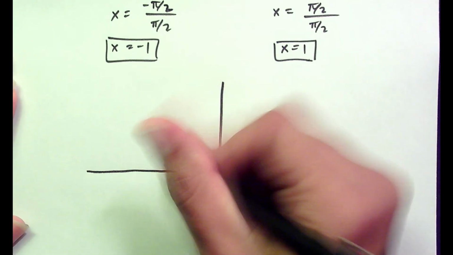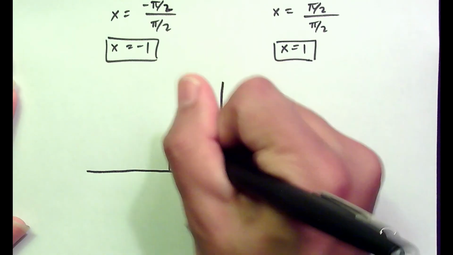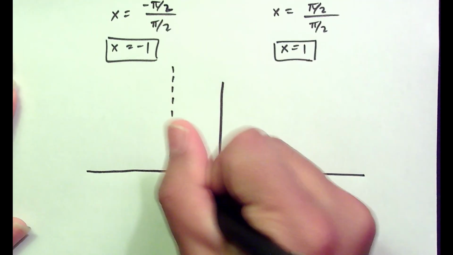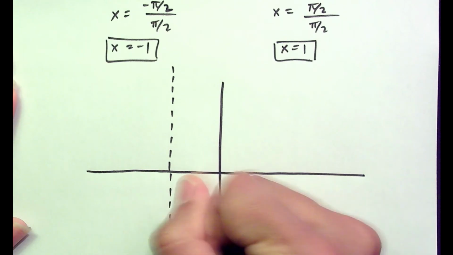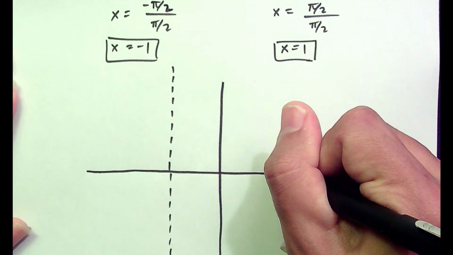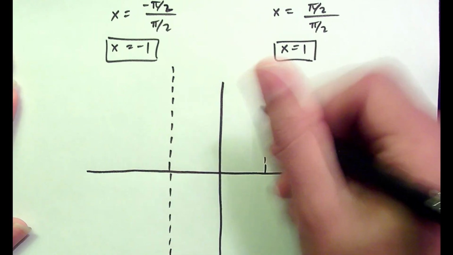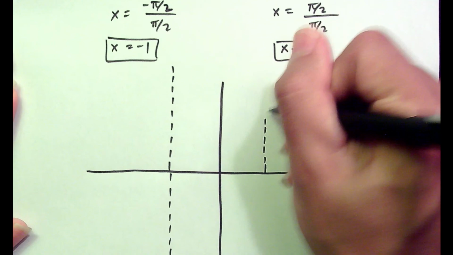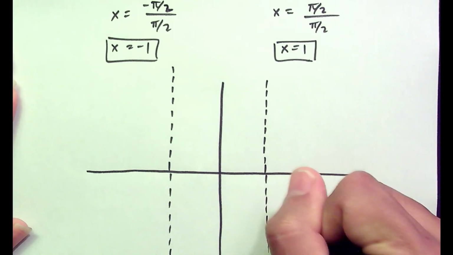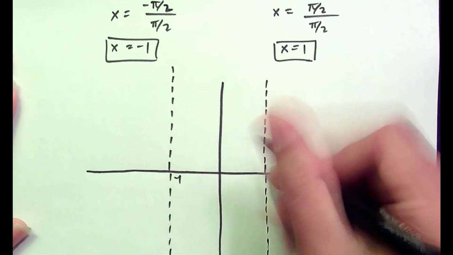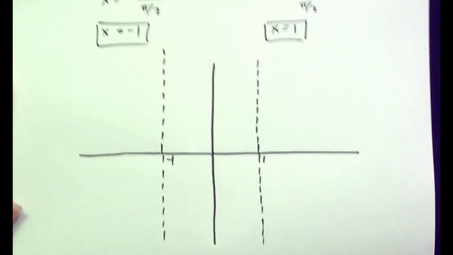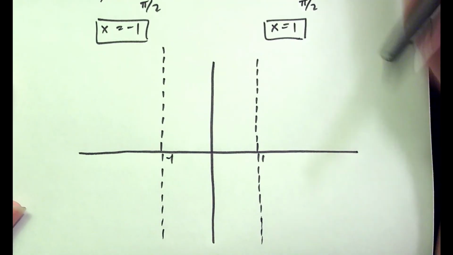So let's then draw an asymptote at negative 1, and the other one at 1. Okay, so let's say that's negative 1 and that's 1.